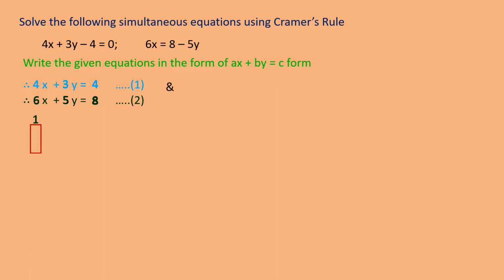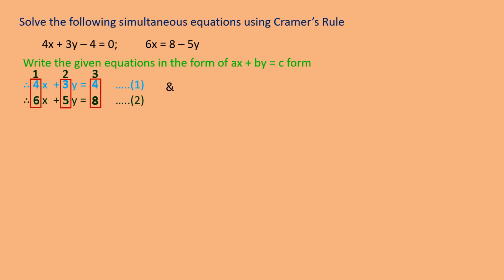The next part: we will classify the coefficient of x as column number 1, and we will name it above as 1. The coefficient of y will be named column number 2, and the coefficient of the constant term, that is c, will be taken as column number 3.